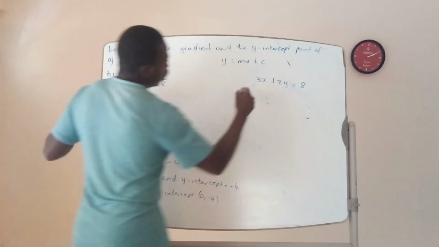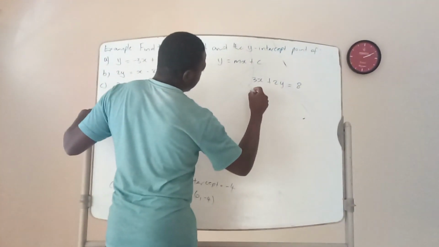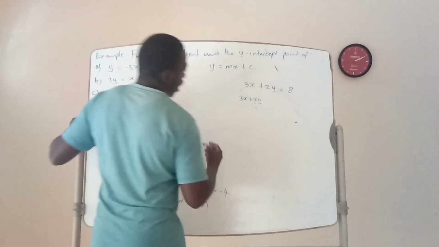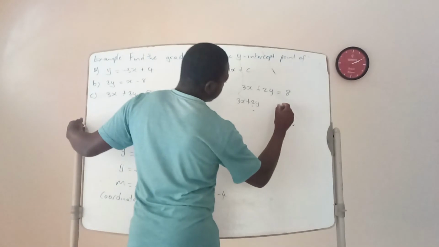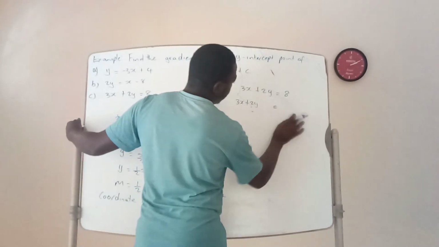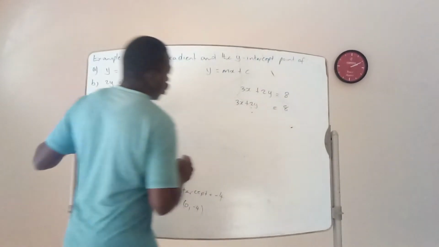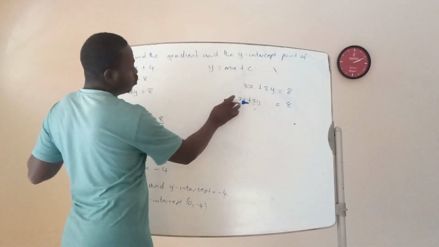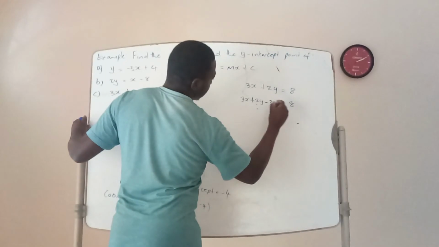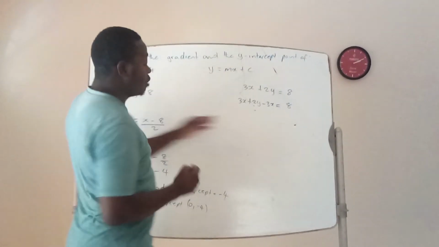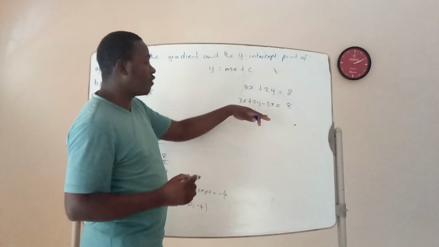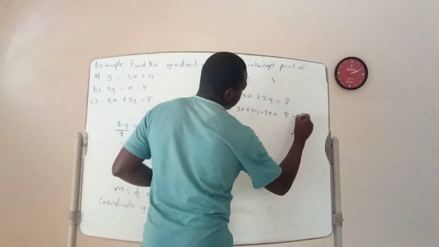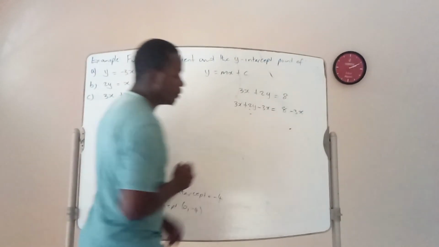So I'm going to write back my 3x plus 2y, leave a little space, put back my equal sign, and put back my 8. Now, I want to get rid of this 3x. So the opposite of plus 3x is to subtract 3x. But remember again, it's an equation, so whatever we do to one side, we have to do to the other side. So we have to subtract 3x on this side as well.